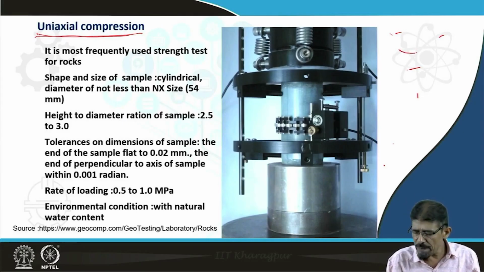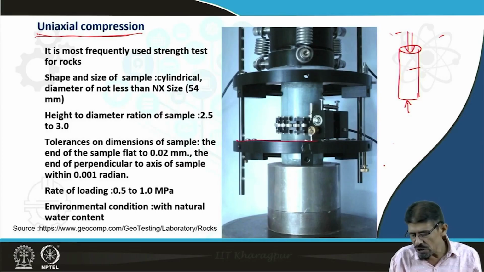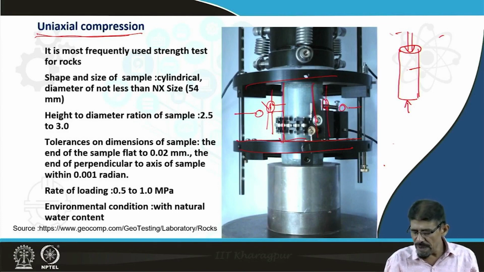Simply, this type of cylindrical sample we are going to compress by putting load here. You can see this is the material testing system where we are going to put a sample, and there is some arrangement of dial gauges to measure the strain, one axial and another lateral.